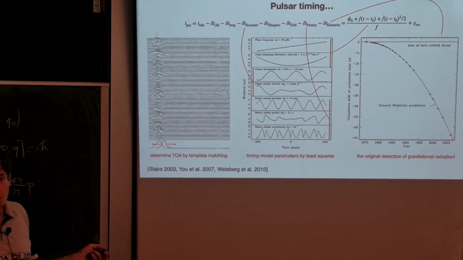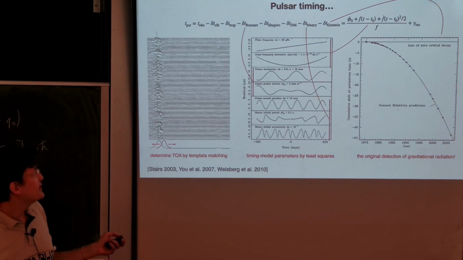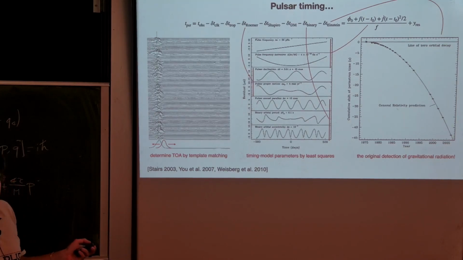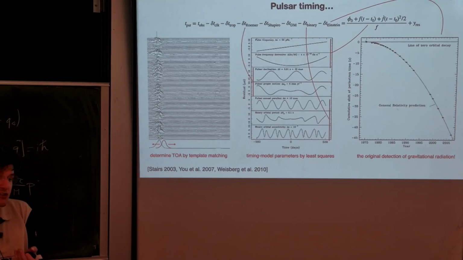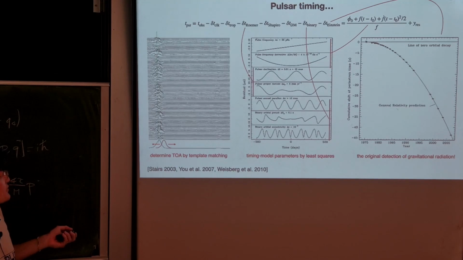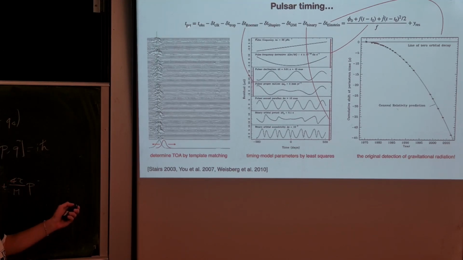Over years, you can build a model that predicts when they will arrive to within fractions of a microsecond, 10, 100 nanoseconds. The model is very complicated, with lots of terms. The time of arrival of the pulses at the observatory can be turned into the time of emission at the pulsar by subtracting all these effects.